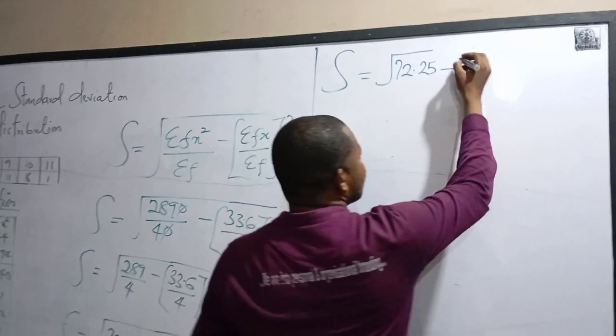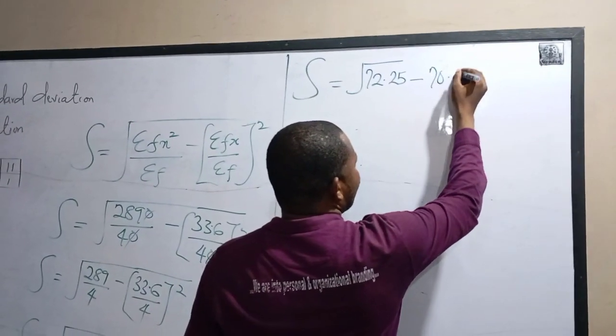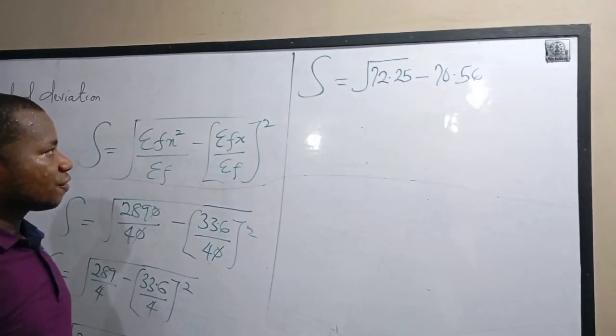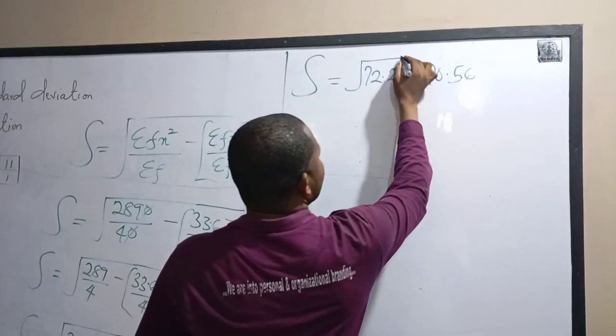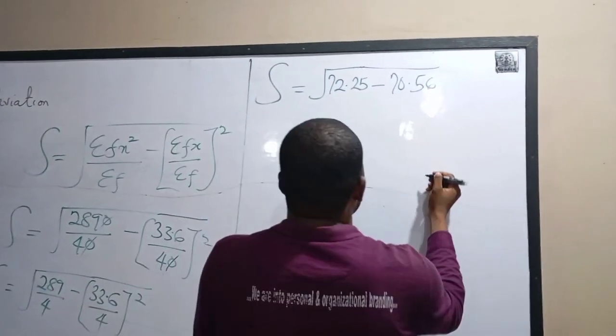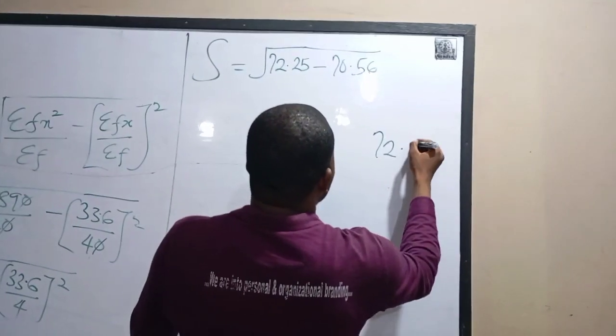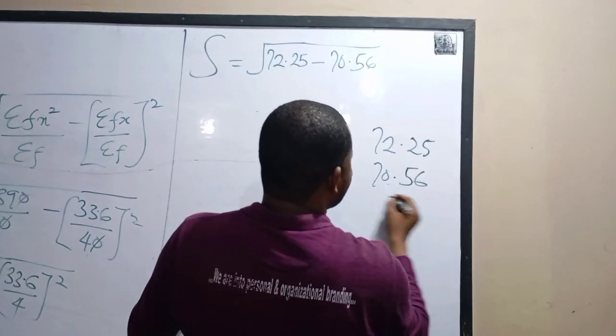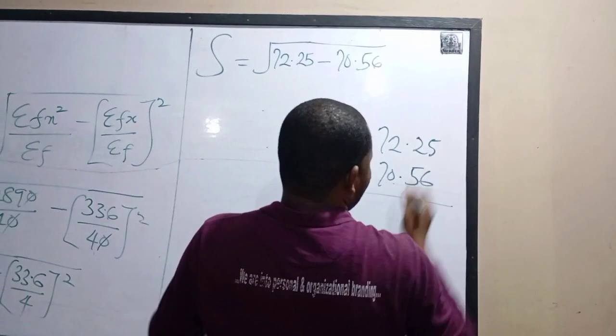So by virtue of this, my standard deviation becomes the square root of 72.25 minus 70.56. That was what we got, 70.56. So minus it, you have 72.25 minus 70.56.